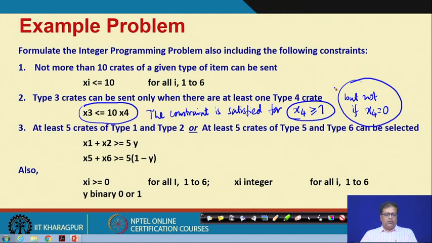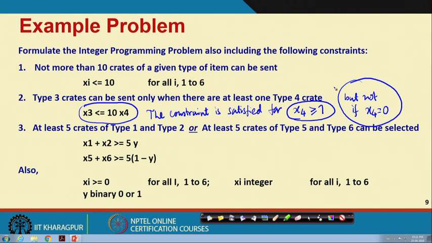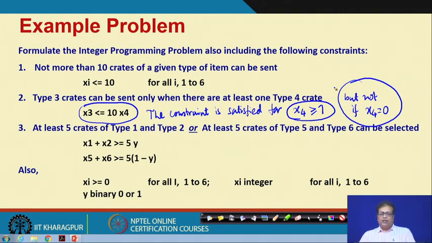Okay. So, automatically you can understand that there should be at least one type 4 crate, and this constraint will be satisfied.